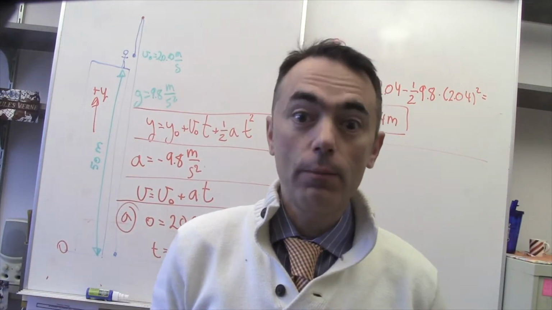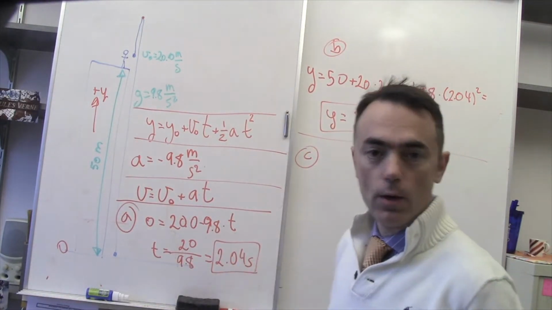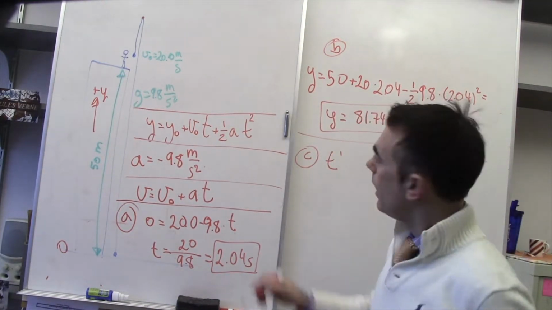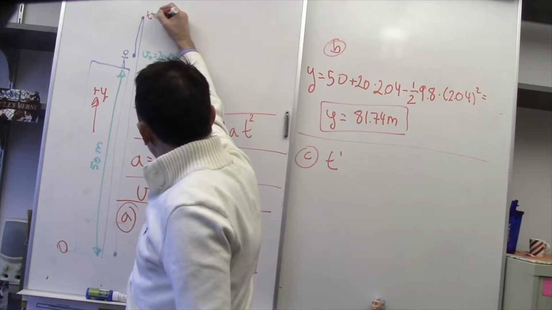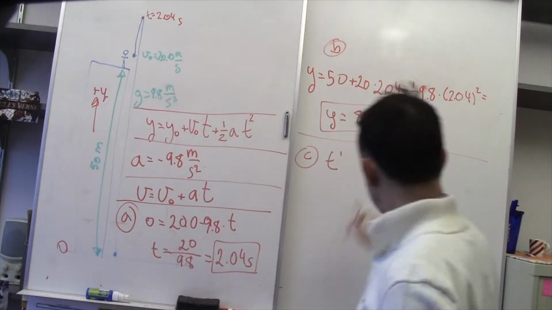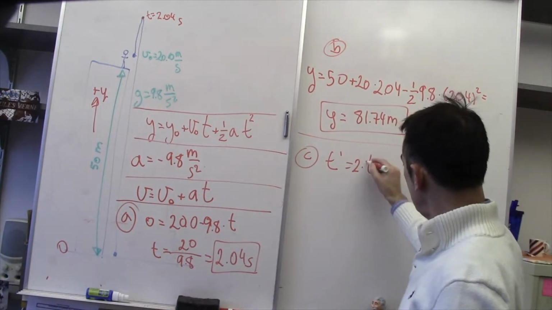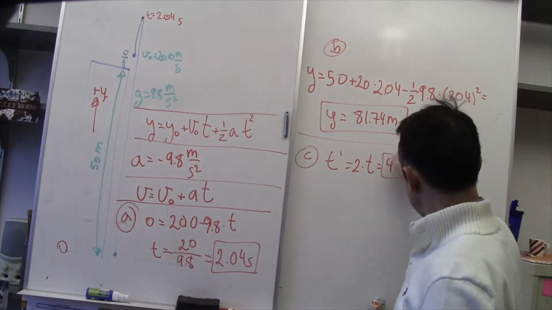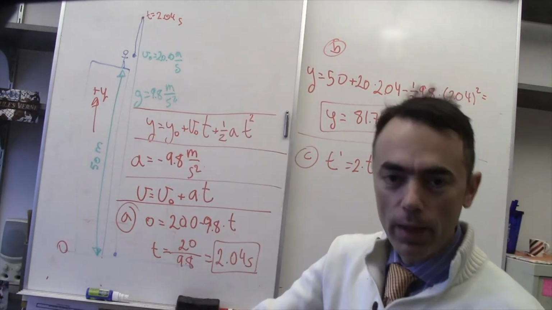So the time is going to be twice this number. This t prime is going to be twice 2.04 seconds, 4.08 seconds. So it needs twice that to go up and down.